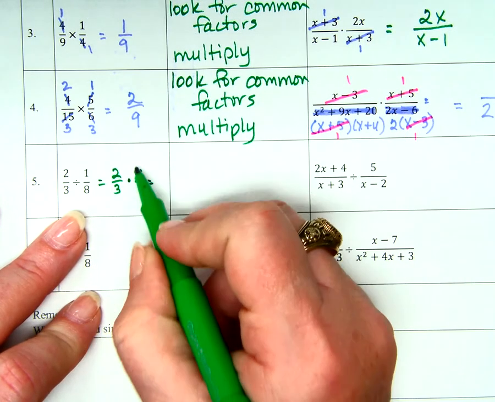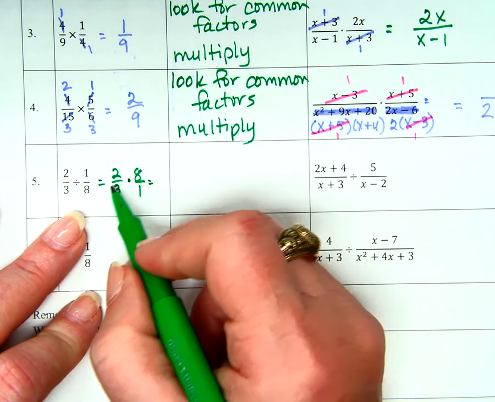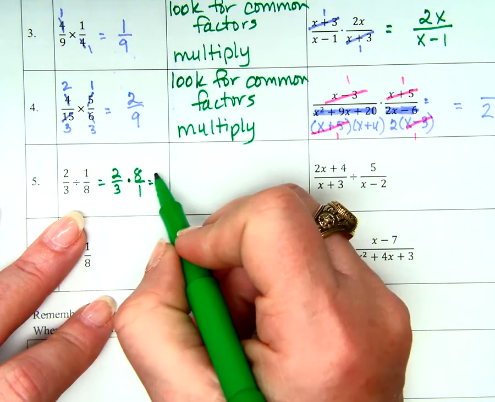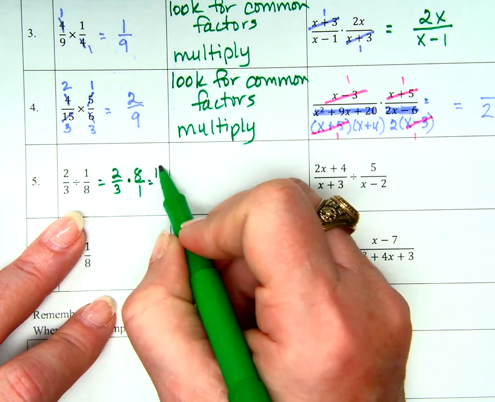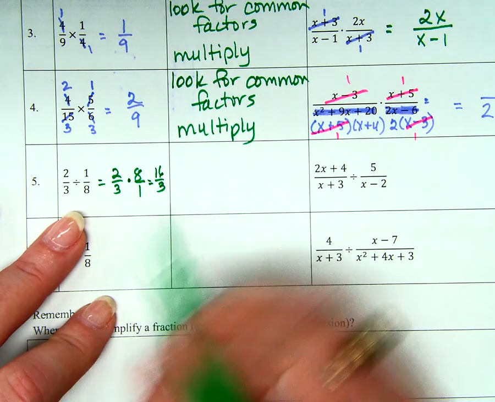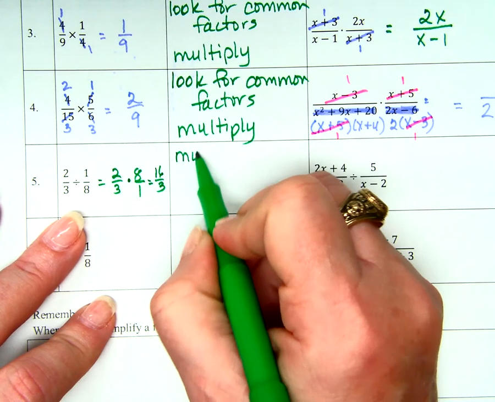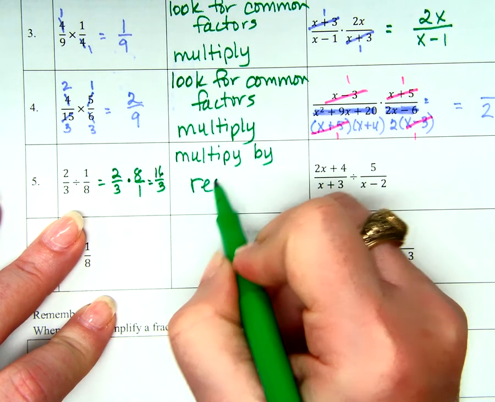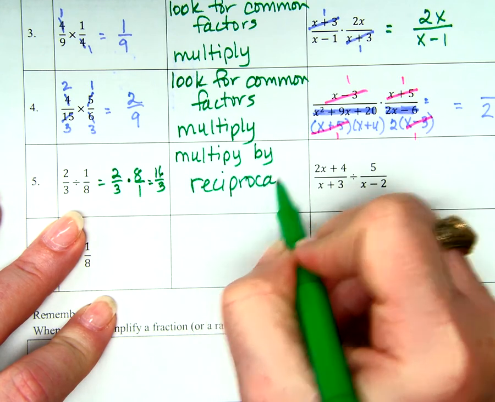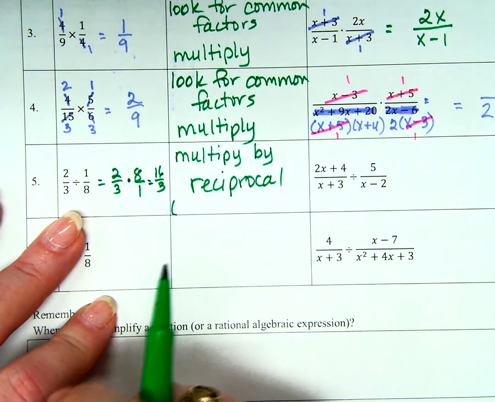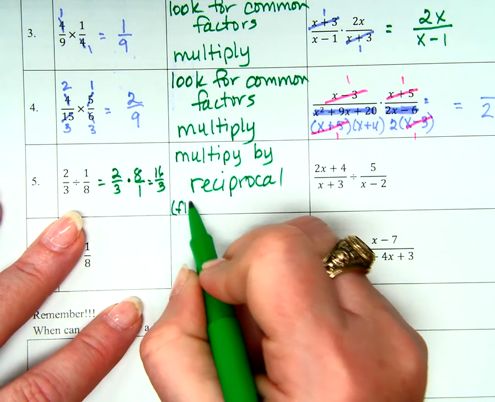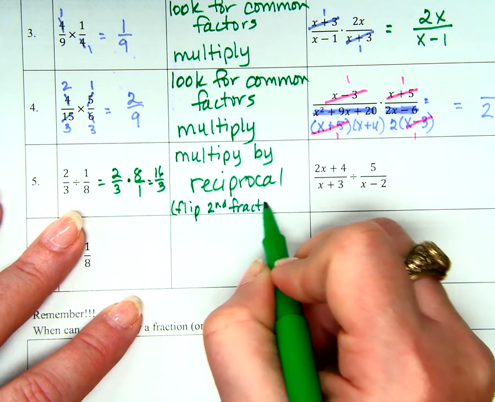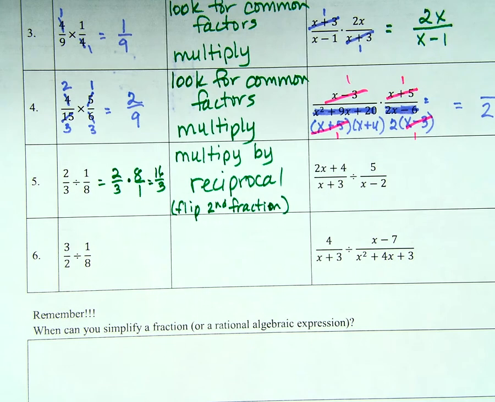And then once I have the reciprocal of my second fraction, then what do we do? Just straight across, just like we've been talking about up here, right? So I get what? 16 over 3. So multiply by the reciprocal. And in non-technical terms, we flip the second fraction. You okay with that?